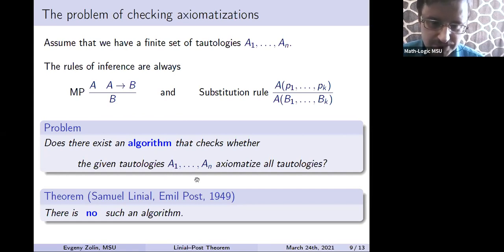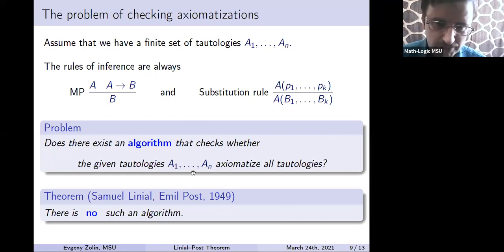And what are the methods for proving undecidability? Of course, in the theory of algorithms, there are many problems about Turing machines, natural numbers, words, and so on, that are already known to be undecidable.